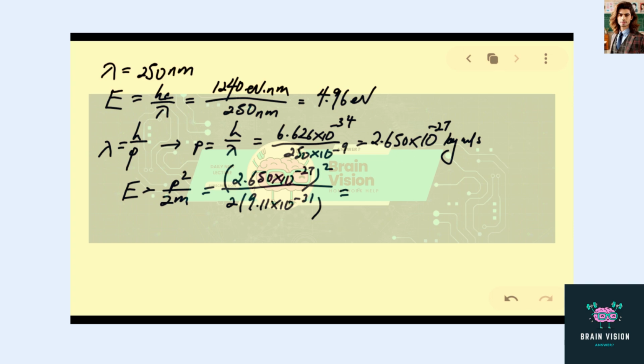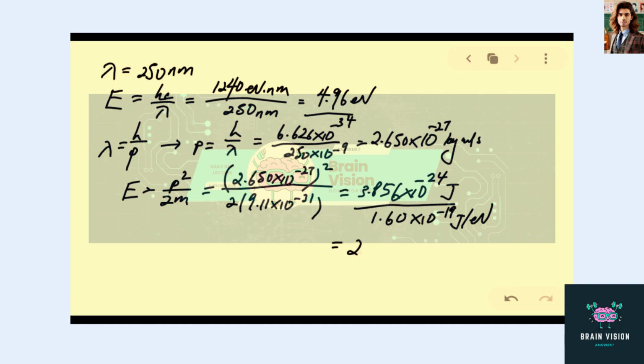This should give us about 3.856 times 10 to the power minus 24 joules. But in order to compare it with our photon, we have to convert this into electron volts. So we divide this by 1.6 times 10 to the power minus 19 to give us the energy in terms of electron volts. Should be about 2.41 times 10 to the power minus 5 electron volts.